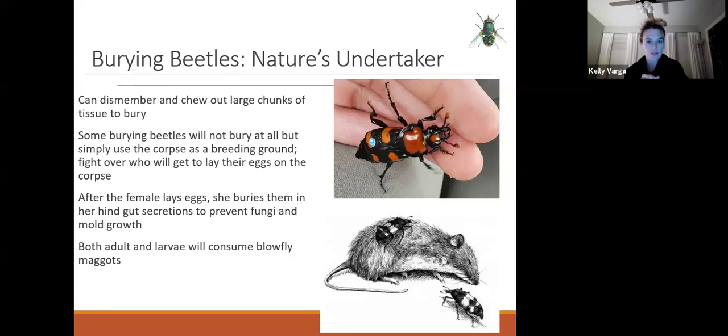What a beautiful thing nature has done, right? It has said, okay, we're going to use this as a resource, but I also know this resource is going to attract other things that could harm my larvae. So I'm going to create an enzyme through evolution and protect it. So again, both adult and larvae will also consume blowfly maggots. So again, something we need to consider as far as PMI.